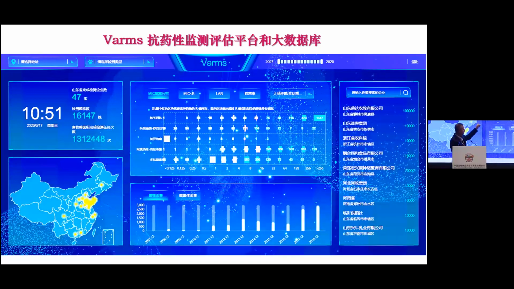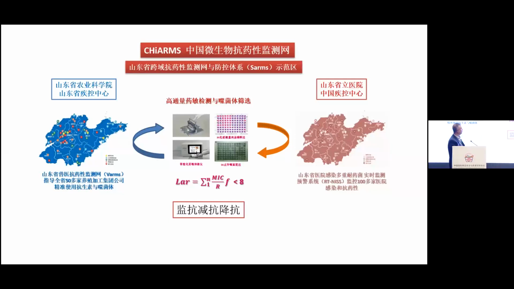And this is to look at distribution of MIC, resistance, and the parameters. And also, you can look at the rate of phages, and sometimes bacteriophages will lose their effect, so you have to change for another one. So this is a comprehensive network.